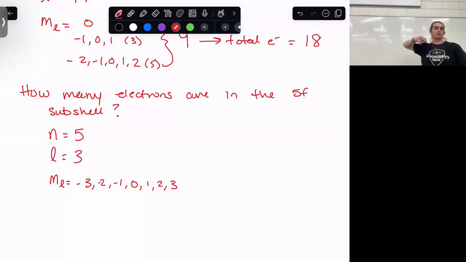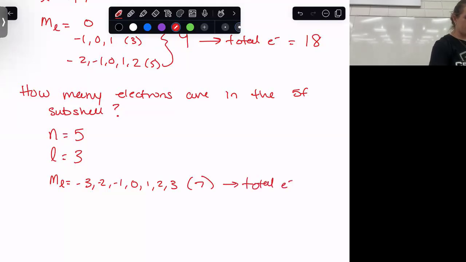We're just looking at these 7, right? So how many total electrons do we have? It's going to be 14. Questions?